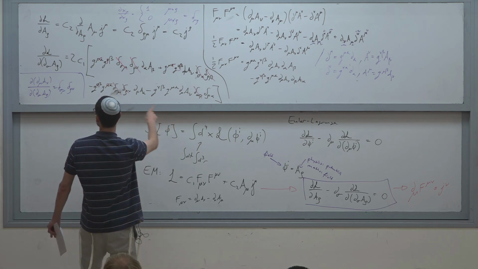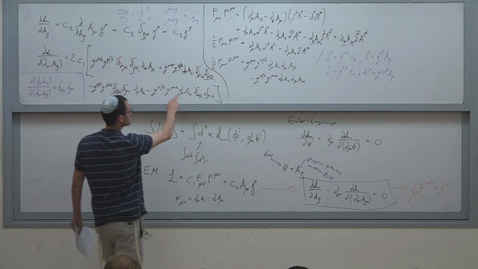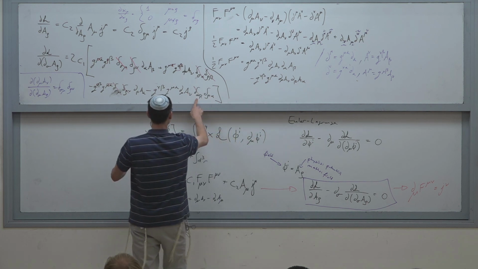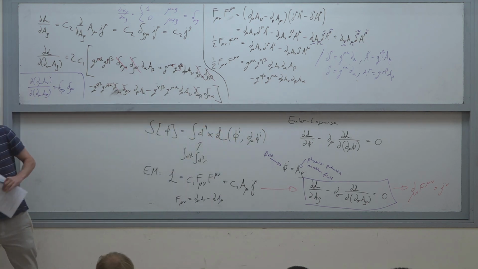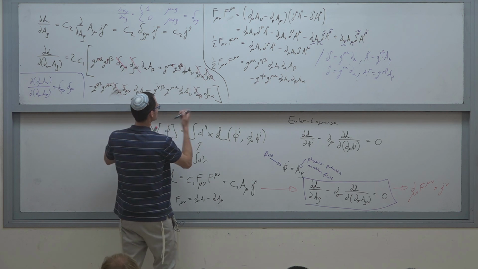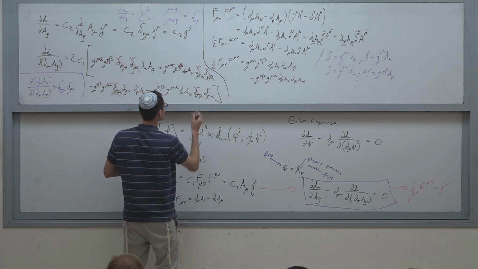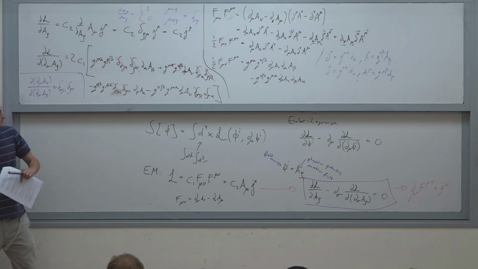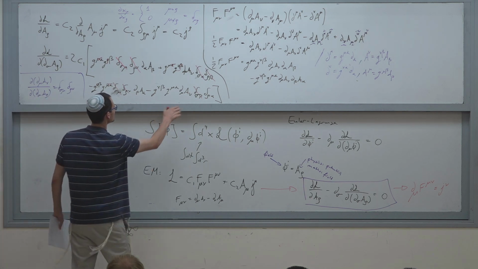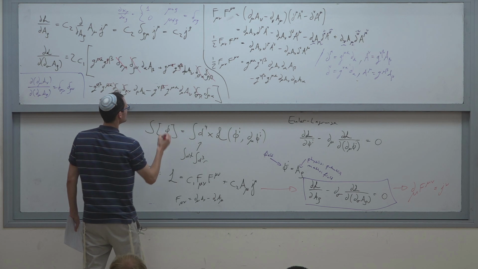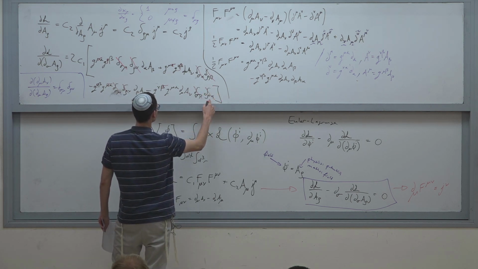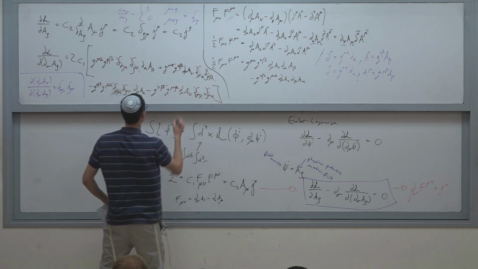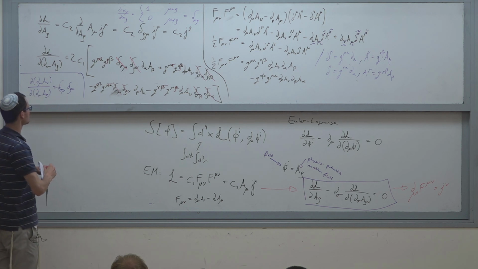I took the derivative of ∂_σ A_ρ with respect to β. It should be σα, right? Sorry. This is a σ. See, that's why you need coffee. This becomes a σ, and ρα, this becomes a ρ. Okay, that's a good start.